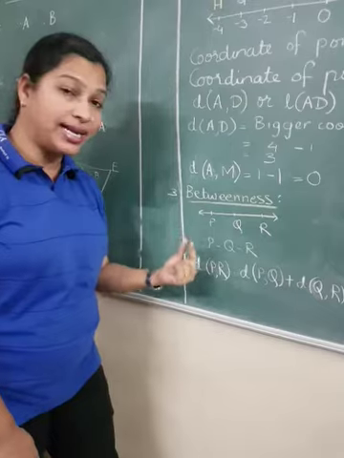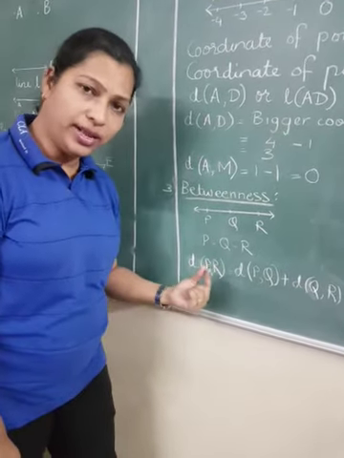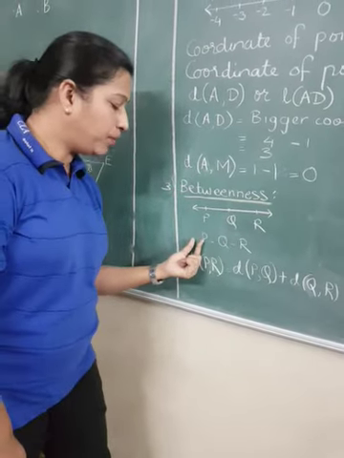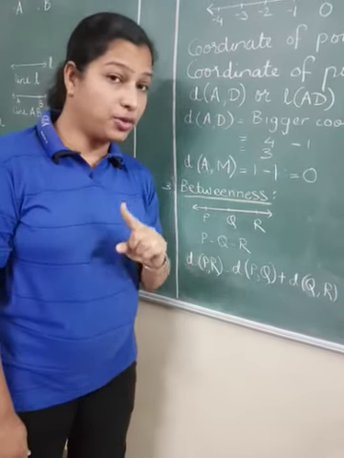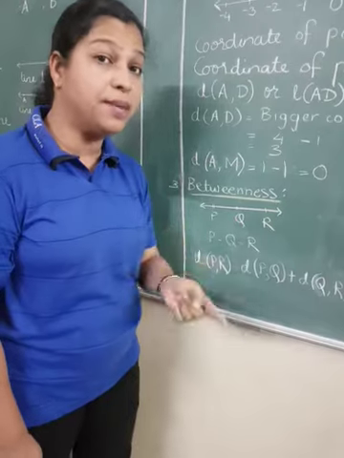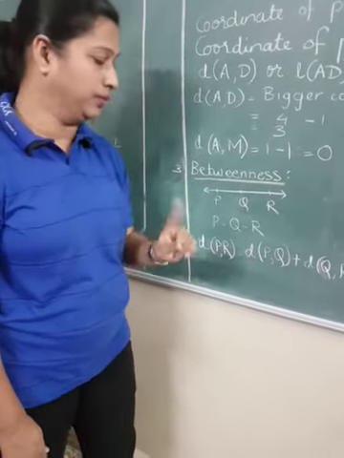So how do we write this? P dash Q dash R. And how do we read this? Point Q is between P and R. But remember that when we say point Q is in between, that doesn't mean it is the midpoint. There is a difference between these two.